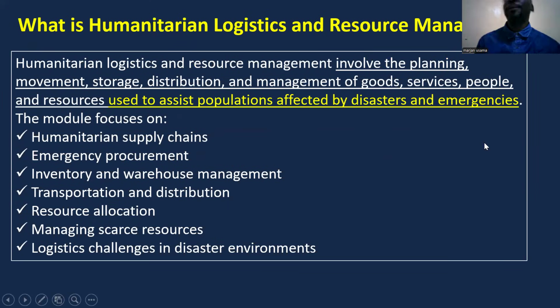we need to define what is humanitarian logistics and resource management. So what do we mean by these two words?